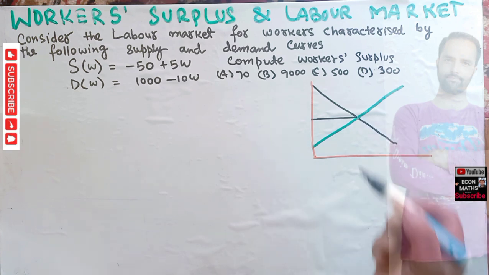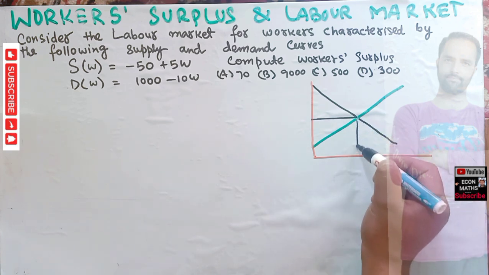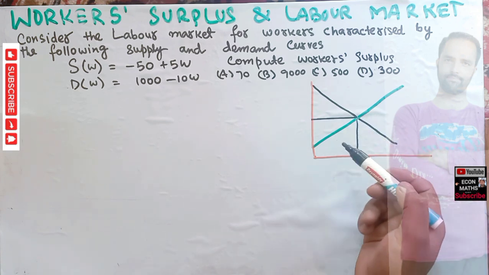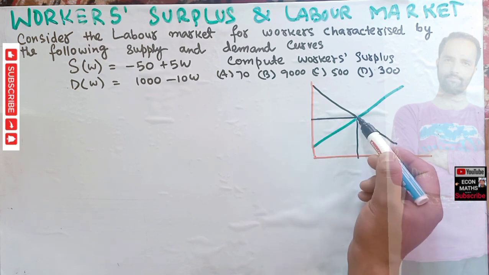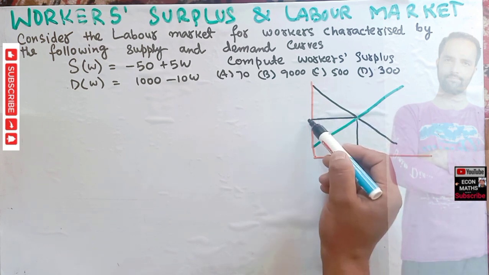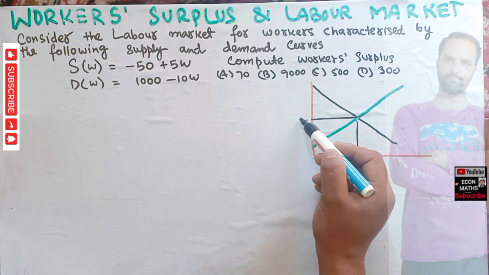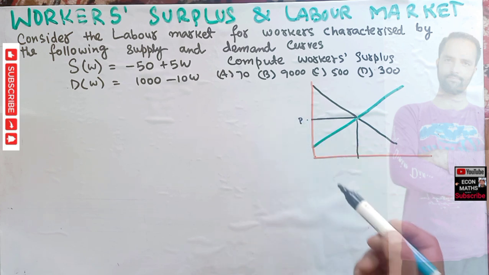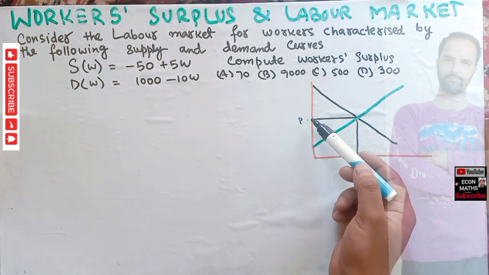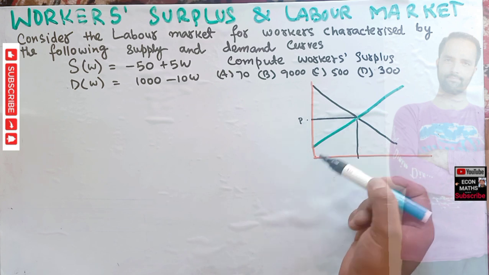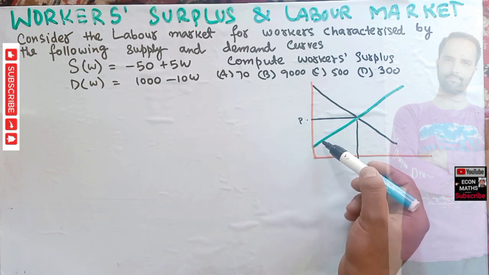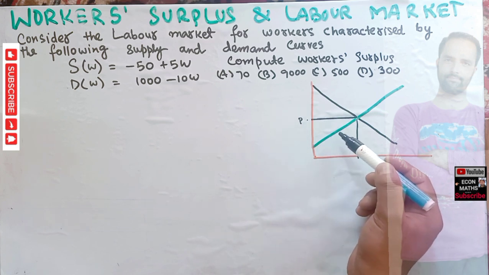Worker surplus is the difference between the market price, if the market is clearing at this price, let us say P, and the lowest price a worker is willing to accept to sell his labor.